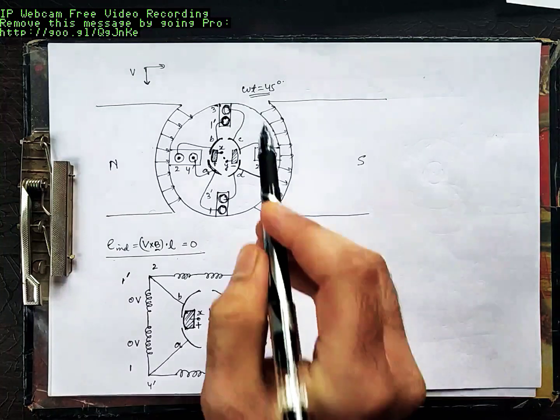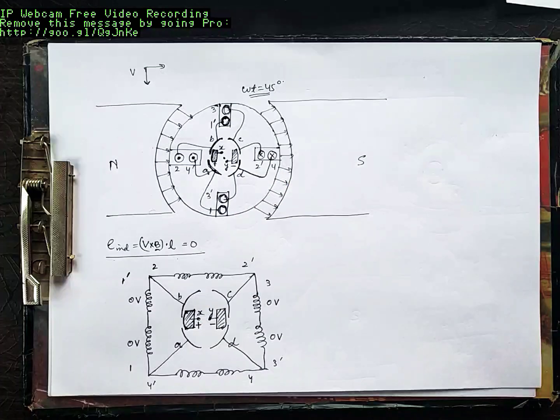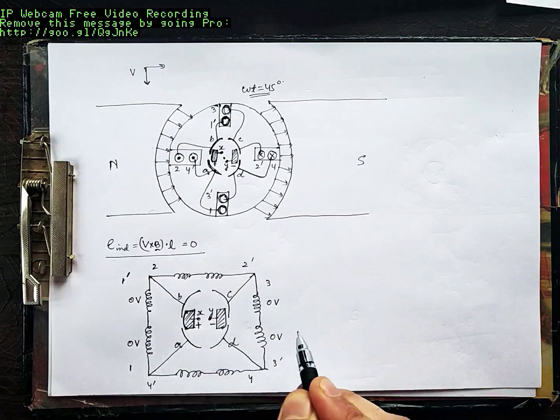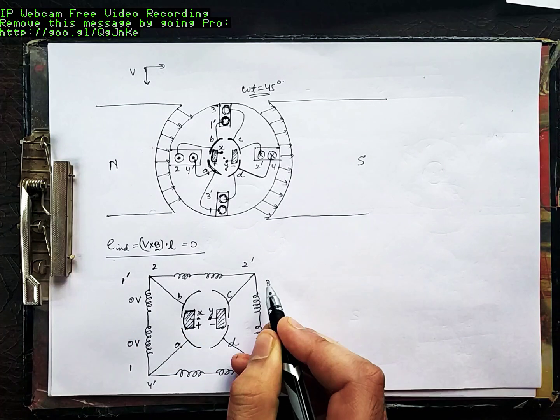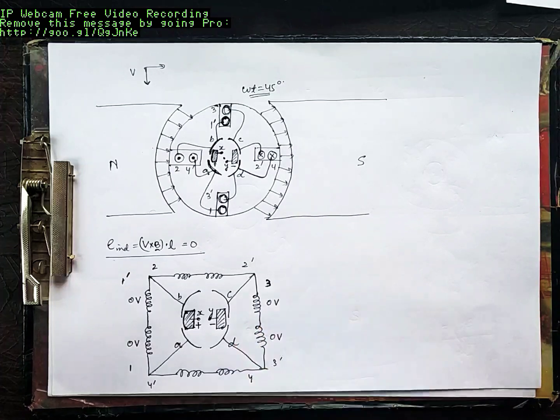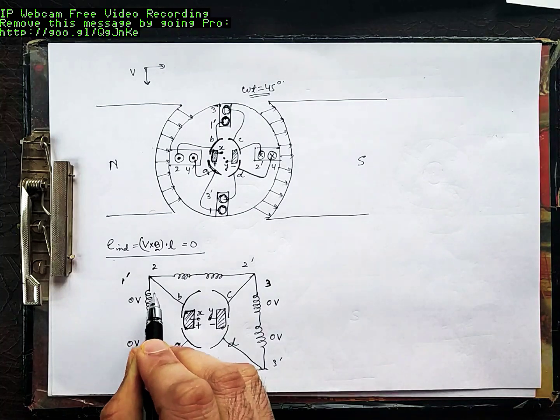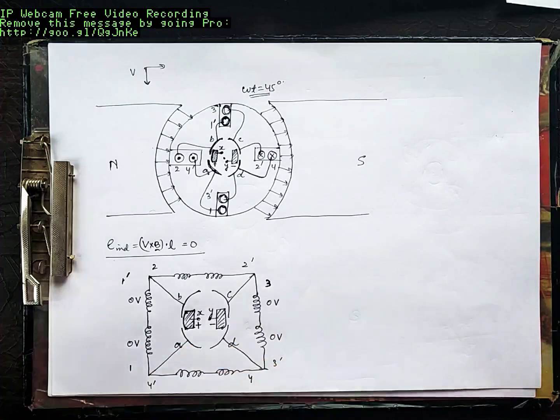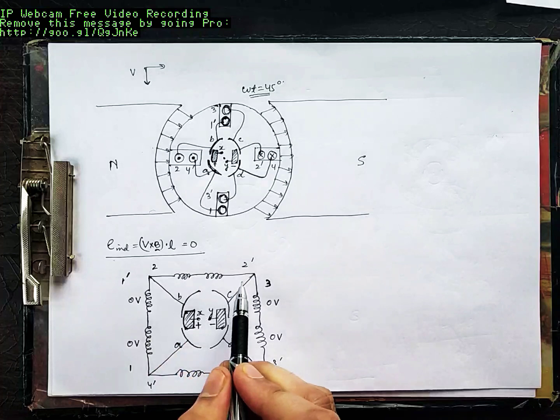Though at omega t equal to 45 degrees, brush X is short circuiting coil 1 and brush Y is short circuiting coil 3, fortunately there are no circulating currents and the machine does not get damaged. Why? Because at this instant the voltage induced in coil 1 is 0 and the voltage induced in coil 3 is 0. What about coil 2?